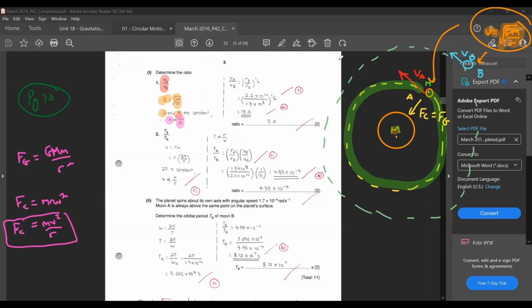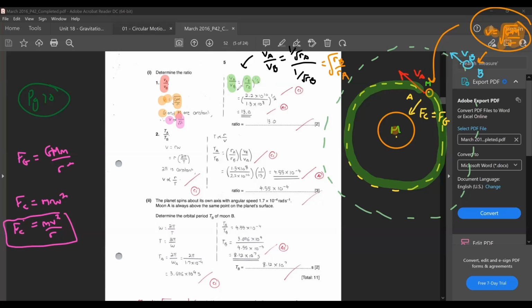Then all you just need to do is do what you usually do in maths. VA to VB is the square root of RB to RA. Because here, VA to VB is 1 over square root of RA, over 1 over square root of RB. So eventually you will get the square root of RB to RA, which is what you're seeing here.